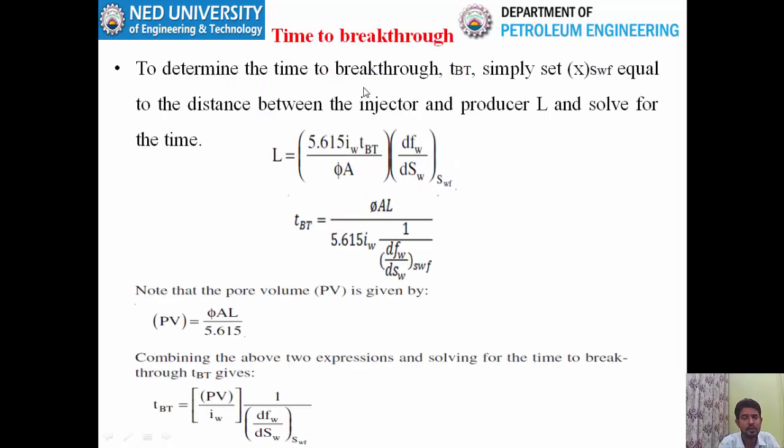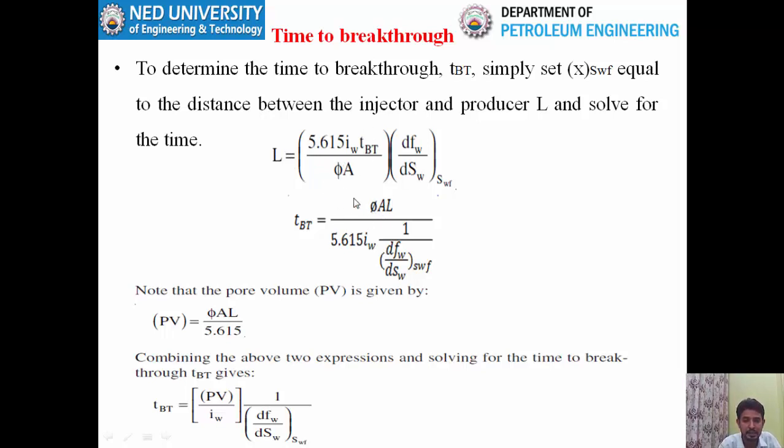Again, you can also calculate the time of breakthrough. You will use L, the distance between the injection and the production well, and you will replace X, the position of the front, with L, and rearrange the equation to estimate time.